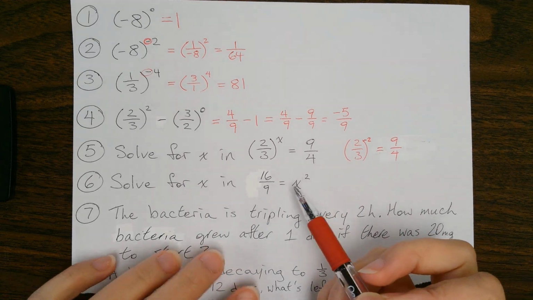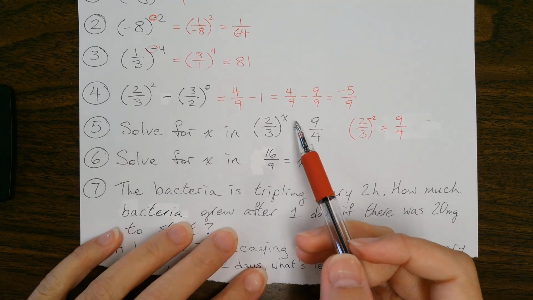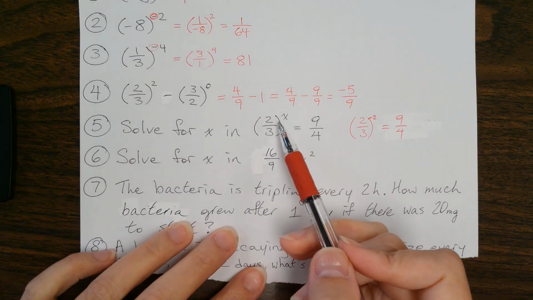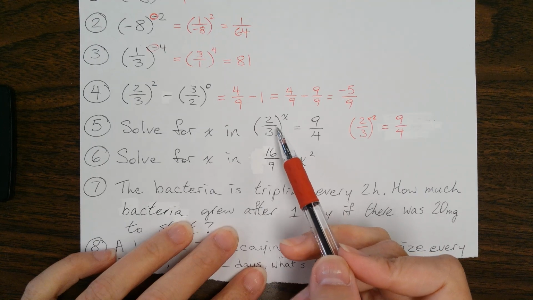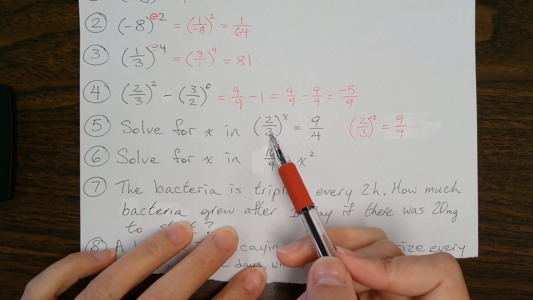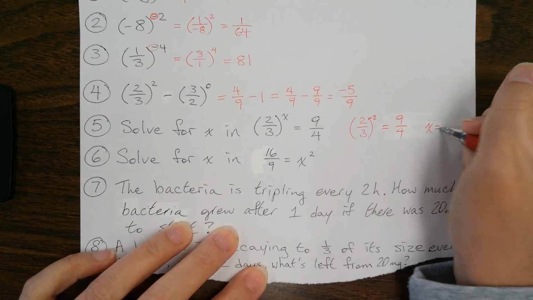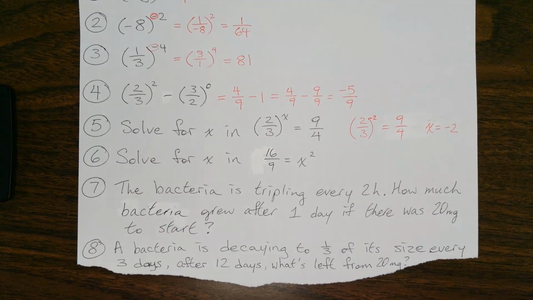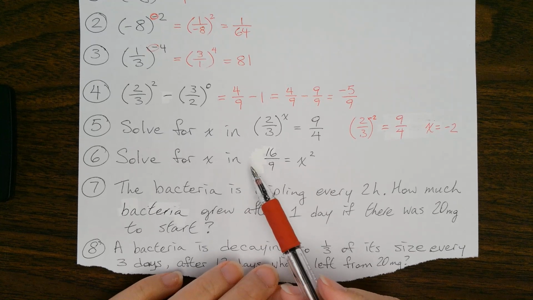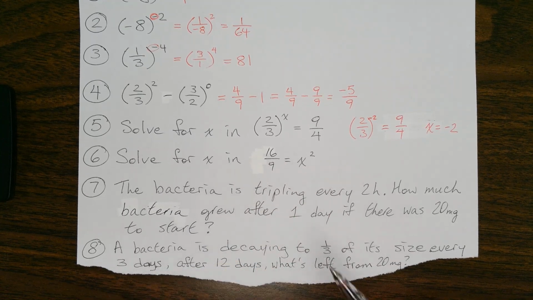Okay. This next one right here. Yeah, so I was saying, you notice that it's flipped. So if it's flipped, that means your exponent is a negative. So in this case, your answer x is negative 2. Okay. Solve for x in here. All right. What would x be?